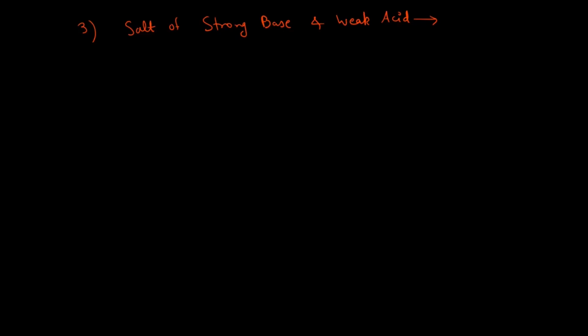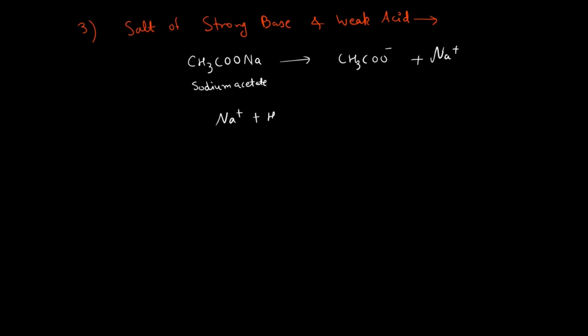So the example of the salt of strong base and weak acid will be CH3COONa, sodium acetate. If we dissolve this in water, we will get acetate ion and sodium ion. Now sodium ion does not react with water, there is no reaction.